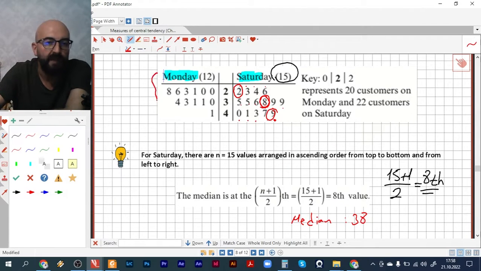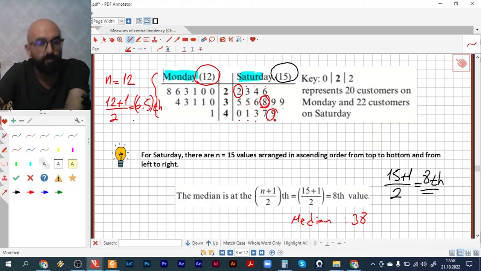But on Monday we have 12 values, so n equals 12, so for the median, 6.5th value, but we don't have a 6.5th value. We should look at the sixth and seventh values.